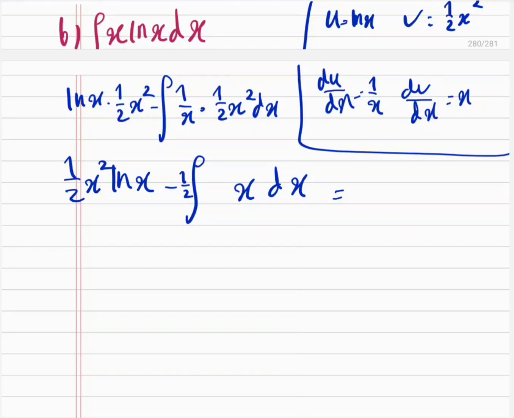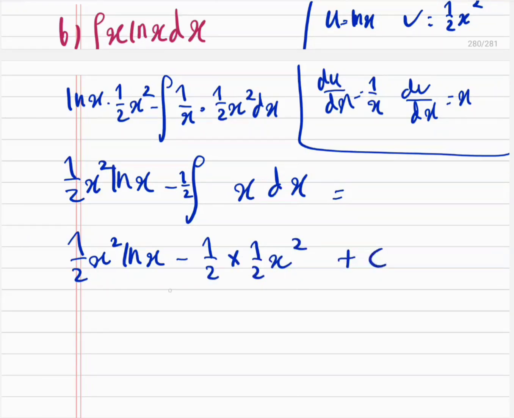So this is equal to half x squared ln x minus half times the integral of x, which again is half x squared. This equals half x squared ln x minus 1 over 4 x squared plus c. And that's basically the answer here.